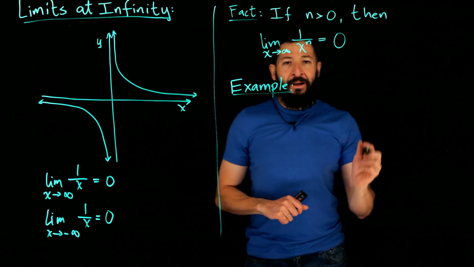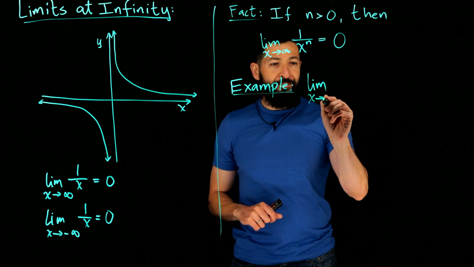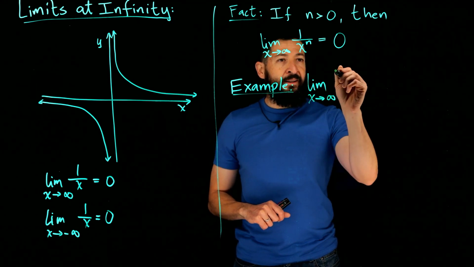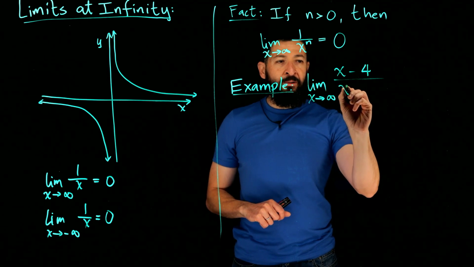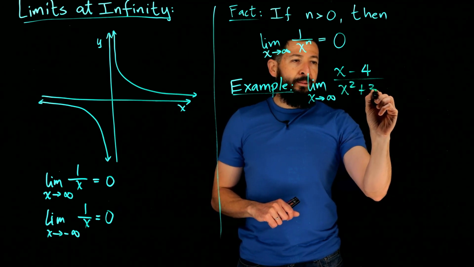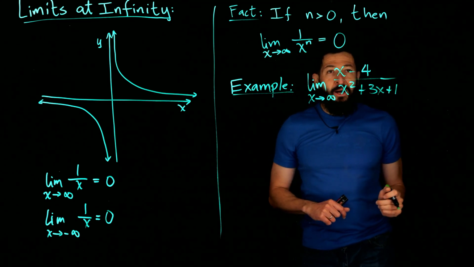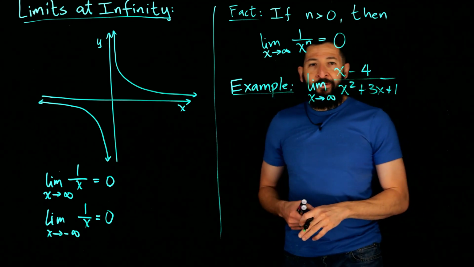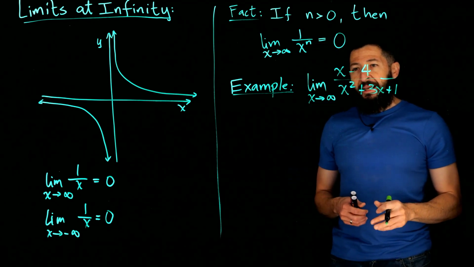All right, so this time around, we're going to look at one expression where let's have an x minus 4 again, but let's do an x squared plus 3x plus 1. So now our strategy will be the same. If we were to plug in here, we get infinity over infinity, and that would be a problem.